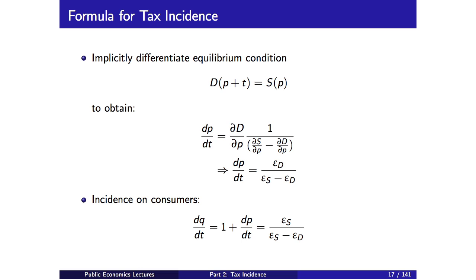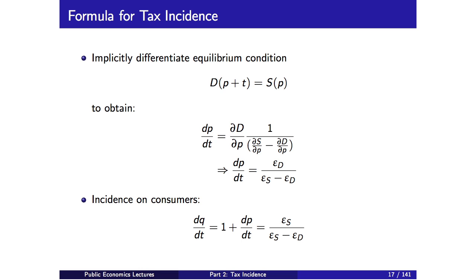Well, that's just 1 plus the incidence of the tax on the producer, because remember, the consumer price is just P plus T, right? So d(P+T)/dT is just 1 plus dP/dT. And that's going to end up being the elasticity of supply divided by the sum of the elasticities. So right away, you can see from these formulas that the more elastic factor bears less of the incidence of the tax.